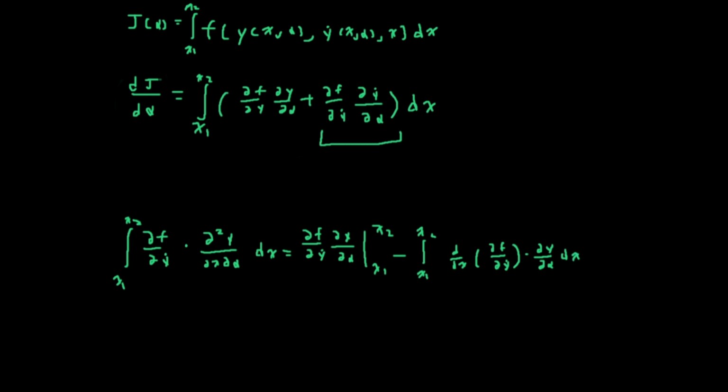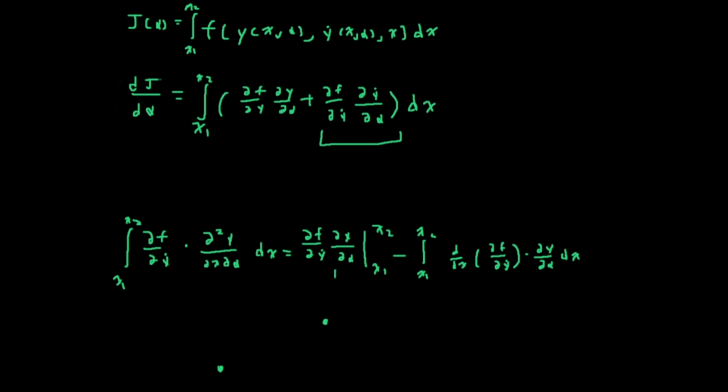So one of our conditions was that at alpha equals 0, for the correct path, the conditions on all varied curves is that they pass through the points x1, y1, and x2, y2, because we're trying to find the minimum distance between two certain points, and those points are fixed.